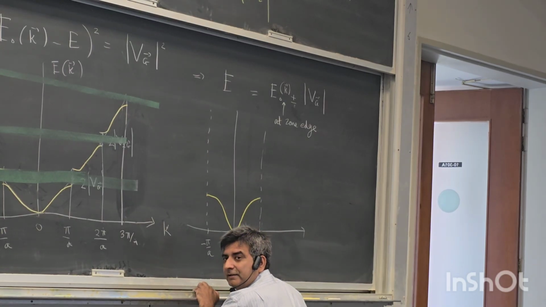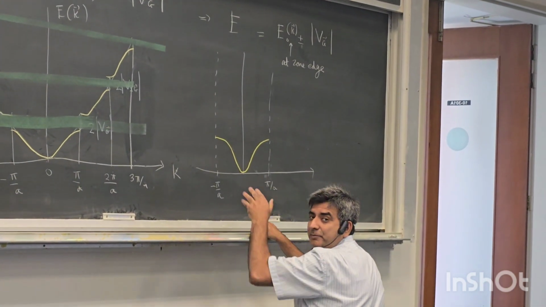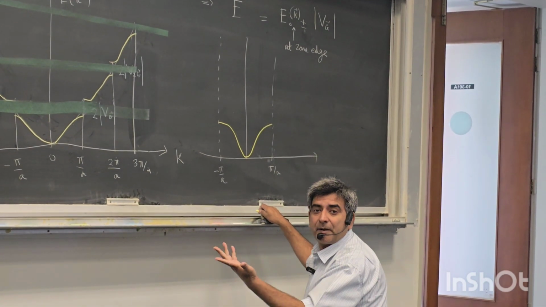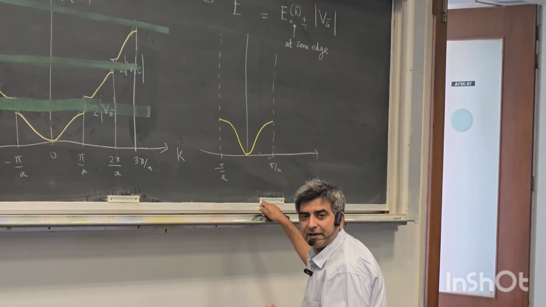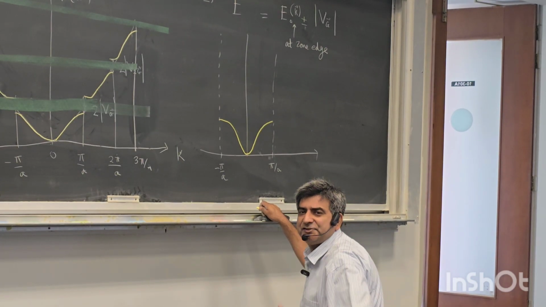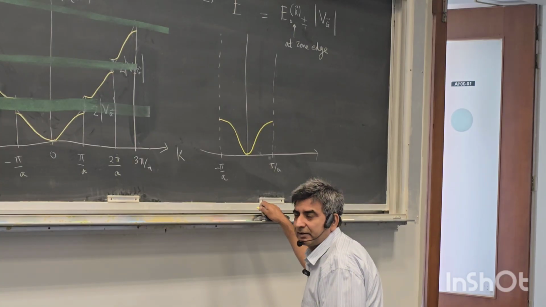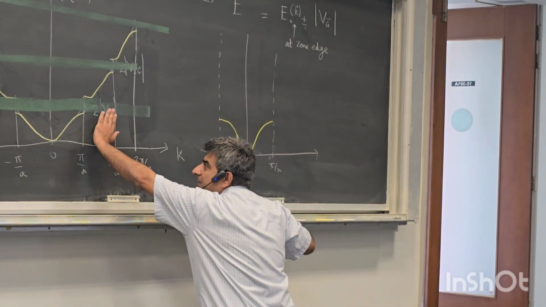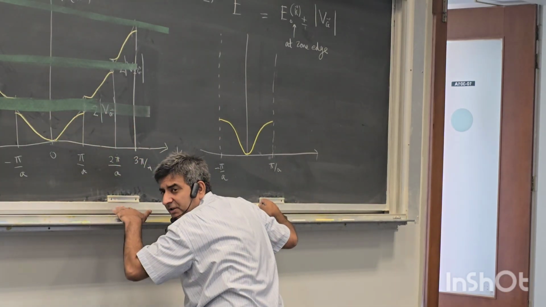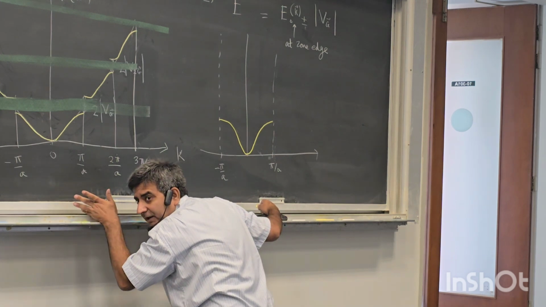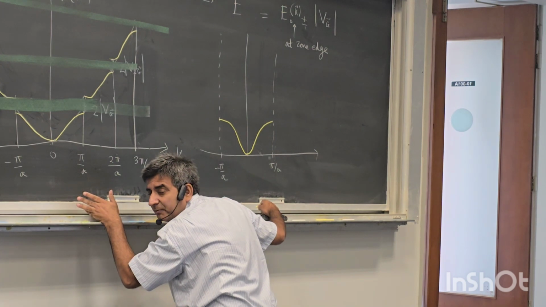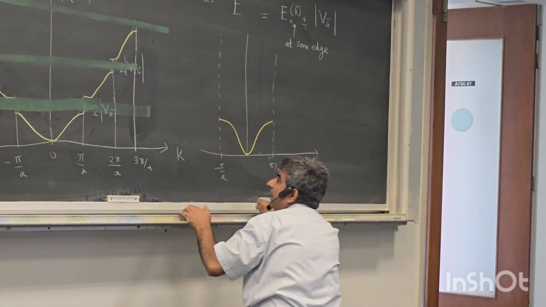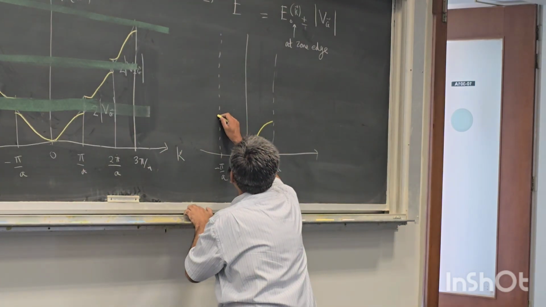This is one branch of the dispersion, it's called a band. One band must be labeled by an index J, say J equals 1 for this band. Then I move this backward by minus G, this forward by plus G. It's okay if I do that because it's a periodic function of period G. So when I do that, I get this second band.